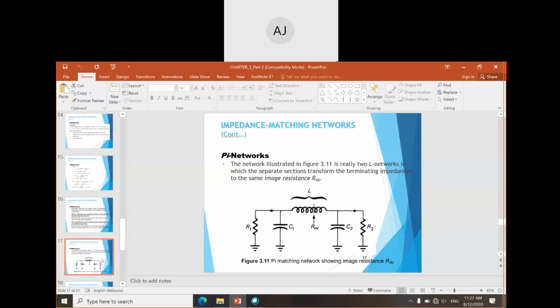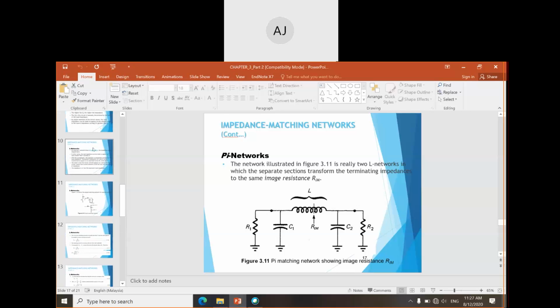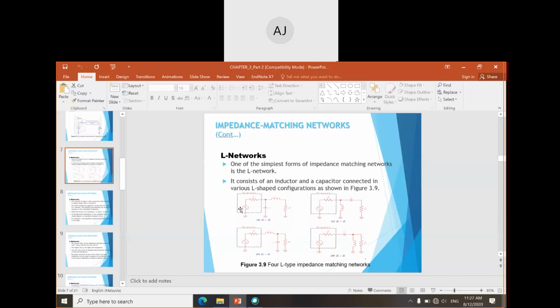In other words, when we use the PI network as an impedance matching network, it's good because we can control the Q compared to the L network. In the L network, we cannot control Q. We can control the Z load.